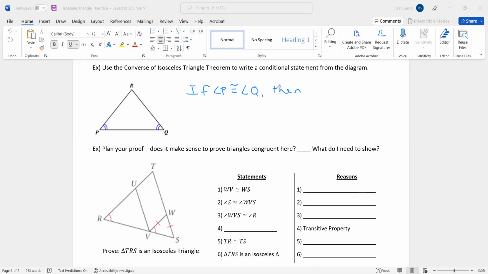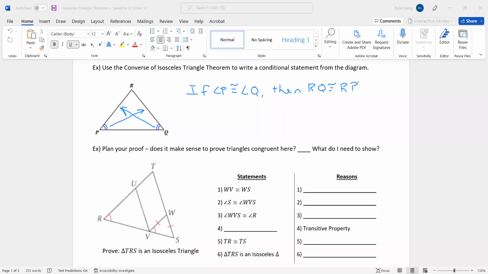Well, what I can conclude is the sides across from those are also congruent. So let's draw a line across from P and an arrow across from Q. So that's RQ is congruent to RP. That's the converse of the isosceles triangle theorem.